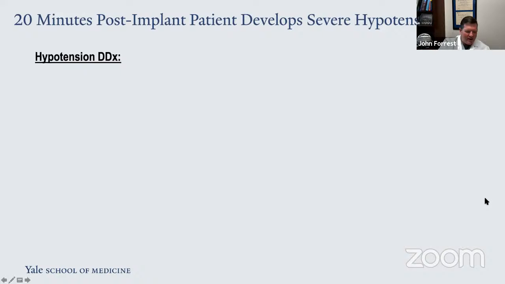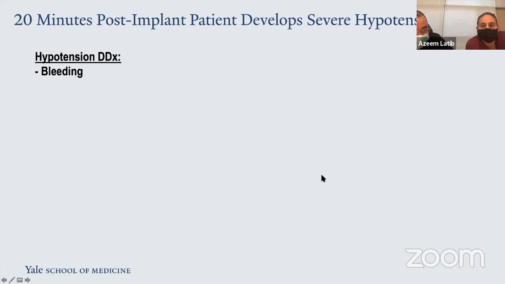So maybe I'll go back to Sharon here. So 20 minutes after the procedure, your patient develops hypotension. A couple things on your differential. Well, a patient after an invasive procedure, I would search for a bleeding. I would search for a pericardial effusion.